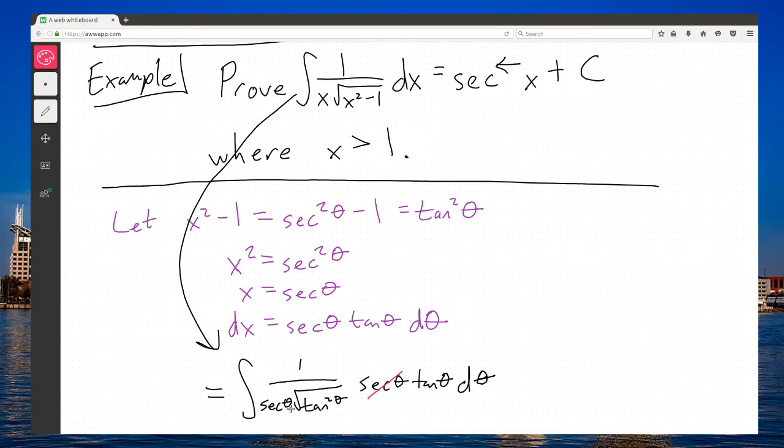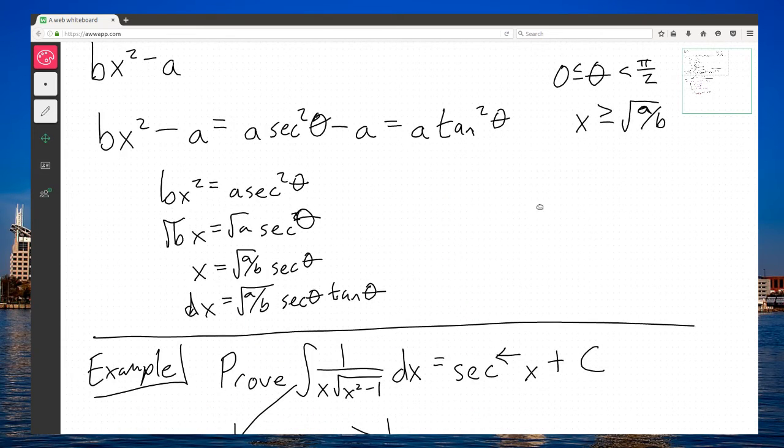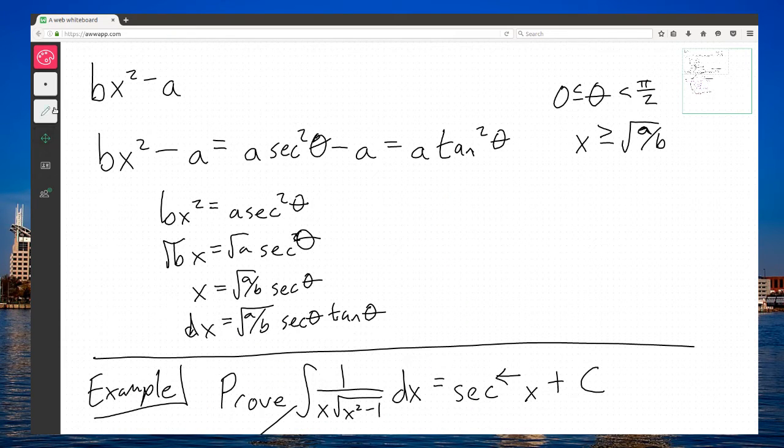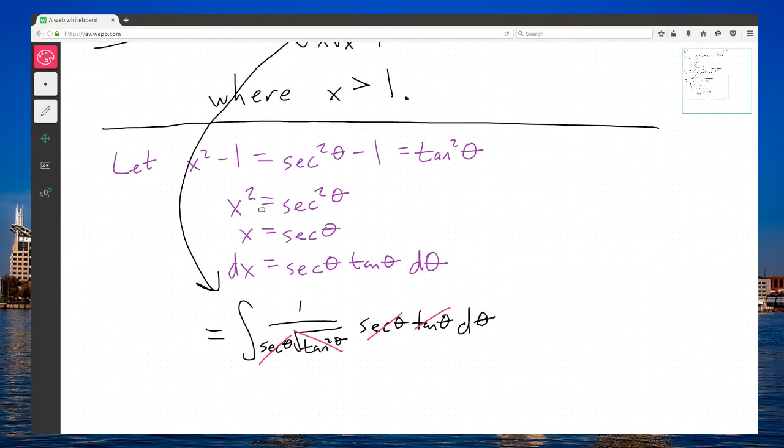The secant cancels with the secant. Now, the tangent will cancel with the absolute value of tangent. Remember, the square root of a square is absolute value. But because of the values of theta that we're assuming, tangent of theta is equal to its absolute value. So as usual, that technical consideration can be ignored.